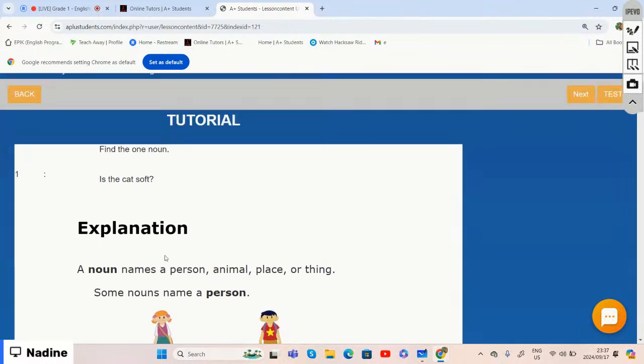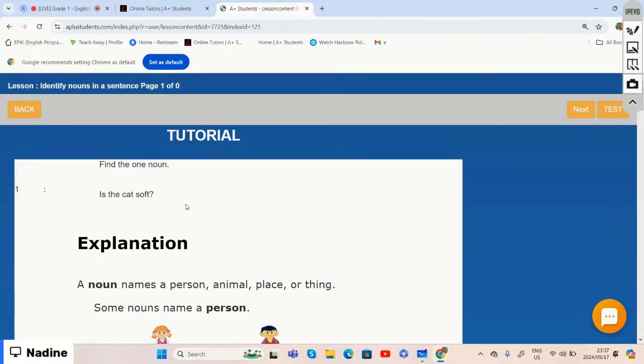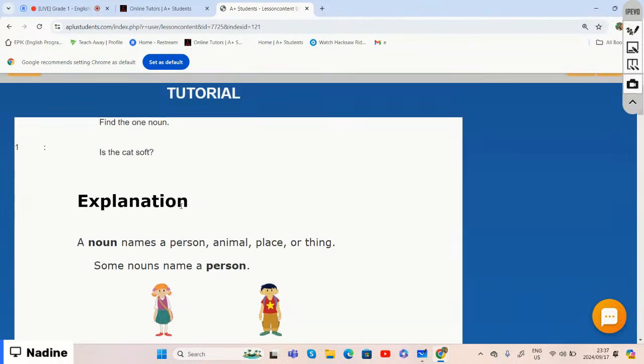We need to find the one noun. Remember, we said a noun names a person, an animal, a place, or a thing.